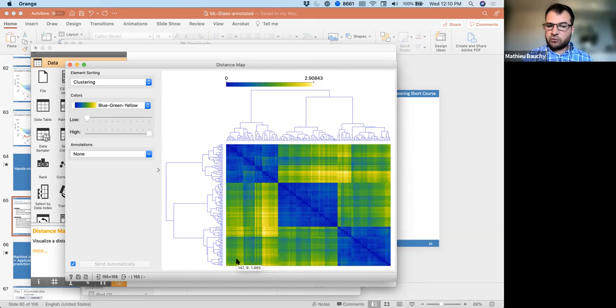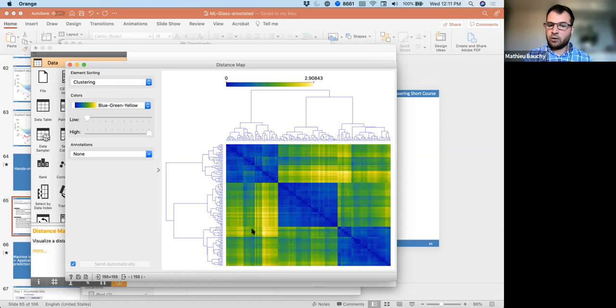So why is this useful? Because if I look at this map, I can clearly see that there are several groups of data. There are clearly 3 main groups of data. If I take this group of data points, there is another group of data points here for which they have a very low distance, a distance close to 0, while on the other hand, the distance with all the other groups of data points is very high.